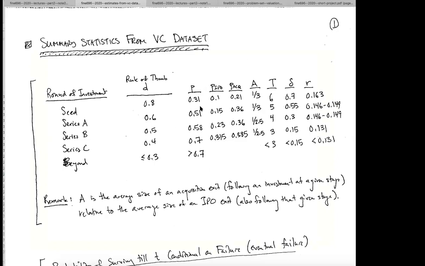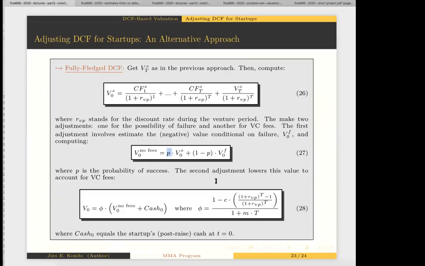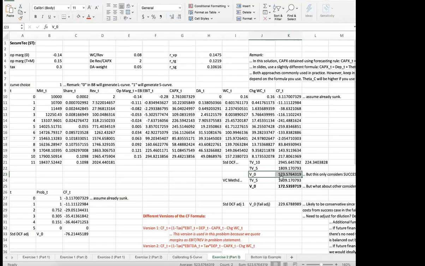Right, so a typical Series A company has a 51% probability of a successful exit eventually. So we should say, look, what we found is the value today of the startup is 523 million, if the company eventually becomes a success.